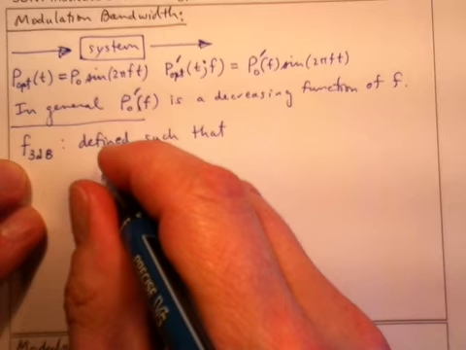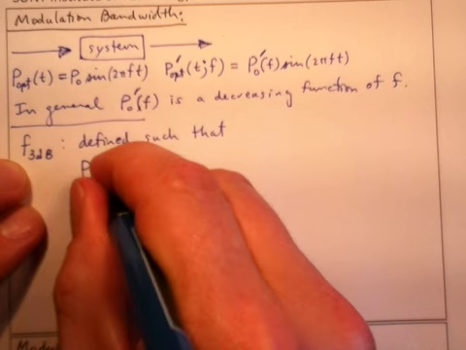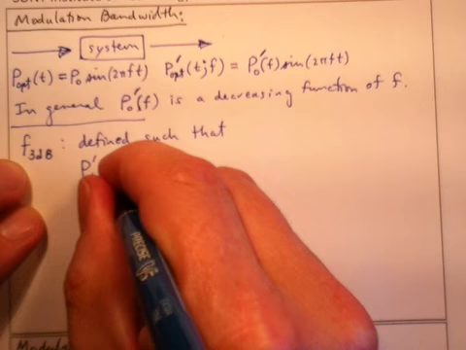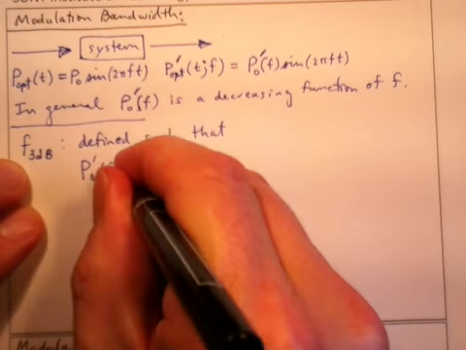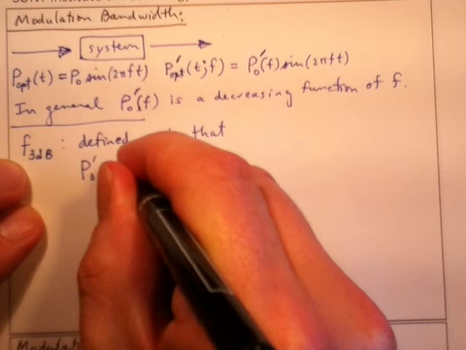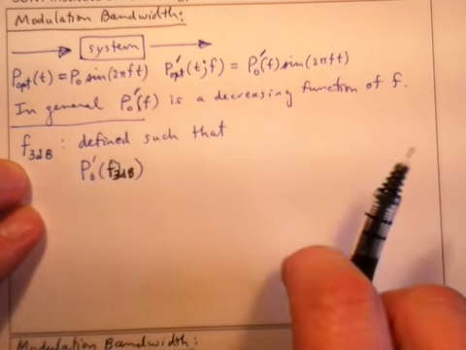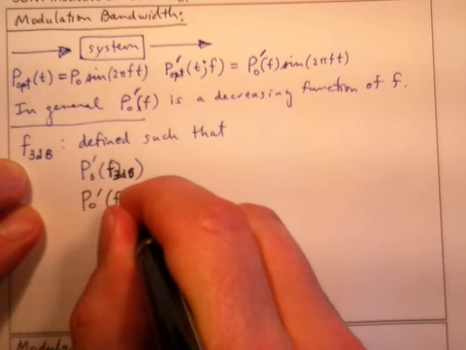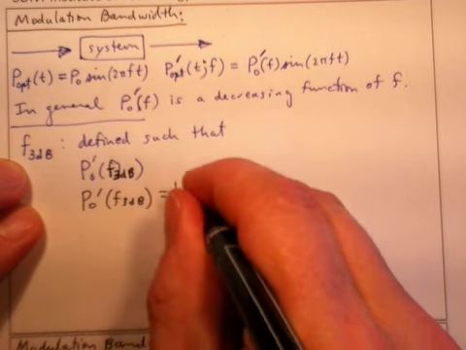And so we're going to define this so that P naught prime of f, evaluated at f3 dB, is equal to 1/2 P naught.